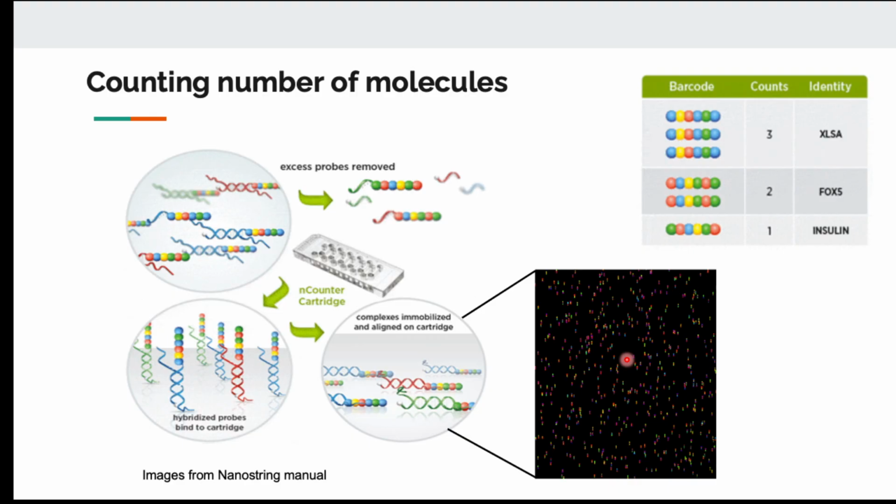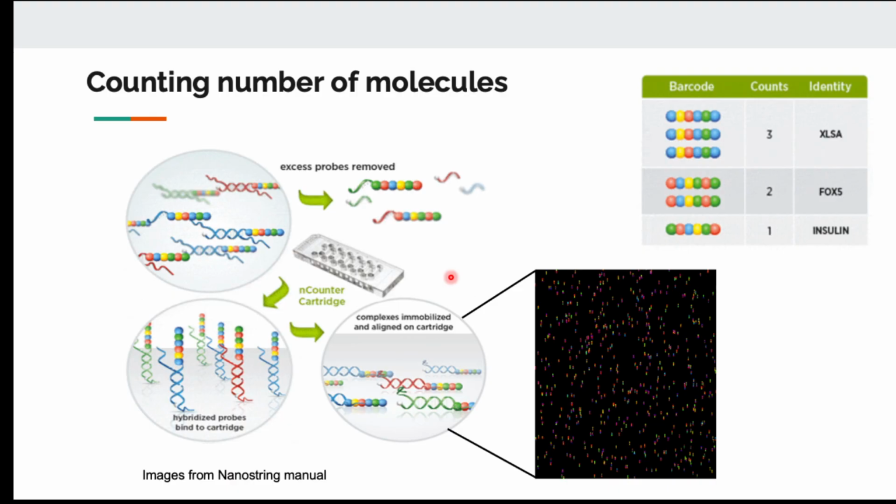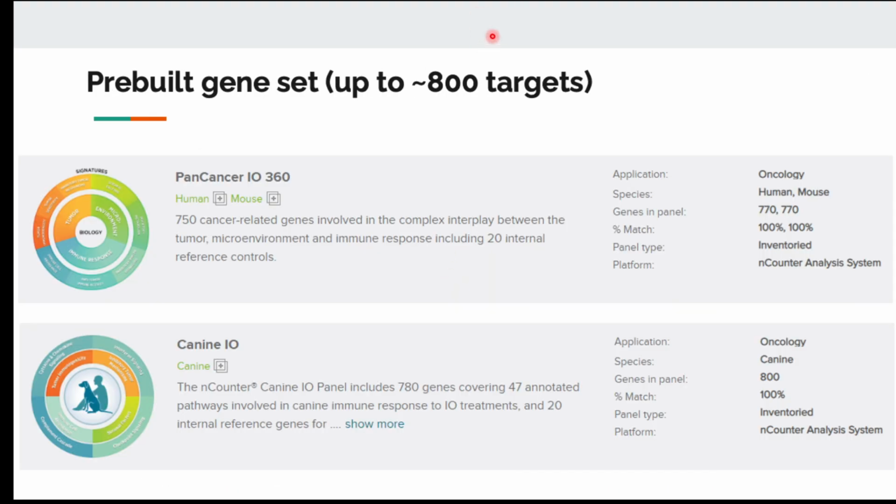Okay. So again, this is a trade-off between very accurate measurement, but if we have to have a fluorescent pattern for each gene, you're not going to be able to detect many genes because you are going to run out of fluorescent patterns. So the limitation, the trade-off of this technology is it can only target up to 800 targets, and this already exhausts all the possibilities of fluorescent patterns that they can produce.